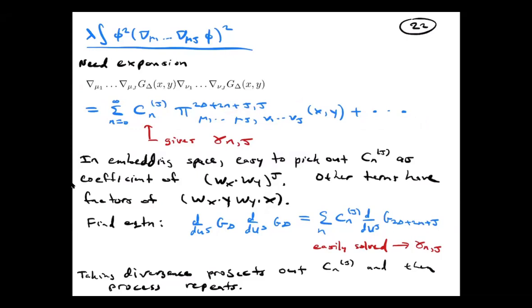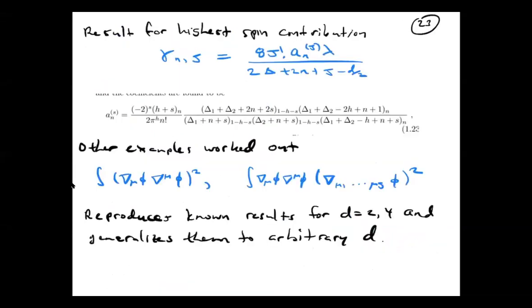Each step, you compute the highest spin contribution. And it turns out if you do it this way, you only ever need identities involving the scalar propagator, so everything is known. So anyway, we carried this out for that example and some other examples of vertices.